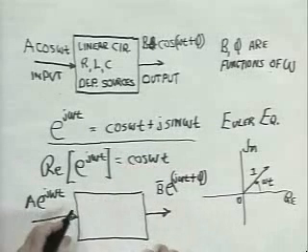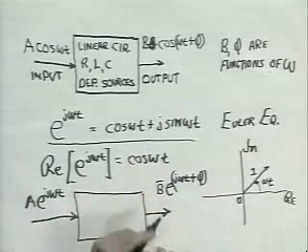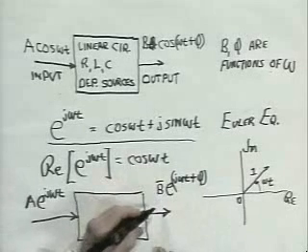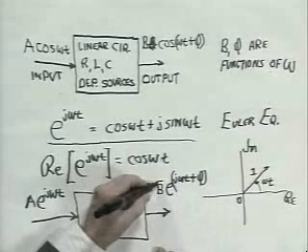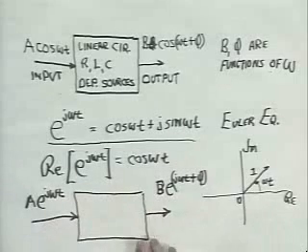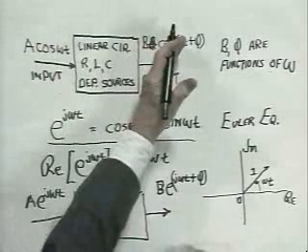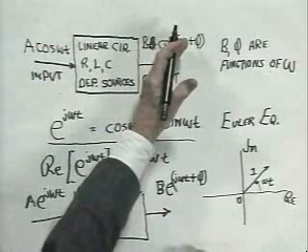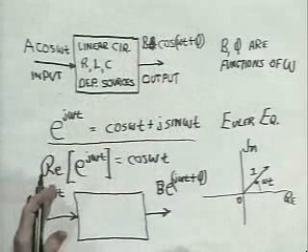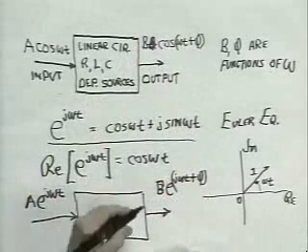Drive it with a complex exponential, get an exponential response, the magnitude and the angle. This is not a complex number, I'm sorry. This is just the magnitude of the complex number, b. The magnitude and the angle depend on frequency. Drive it with a sinusoid, get out a sinusoid of different phase and some magnitude. Drive it with a complex exponential, get out a complex exponential, different magnitude, different phase.